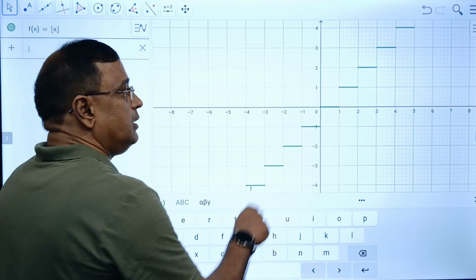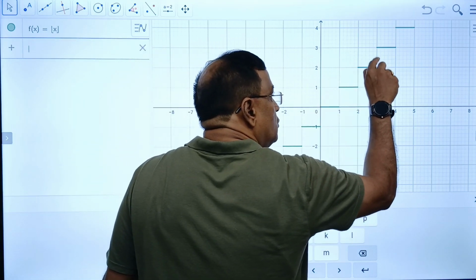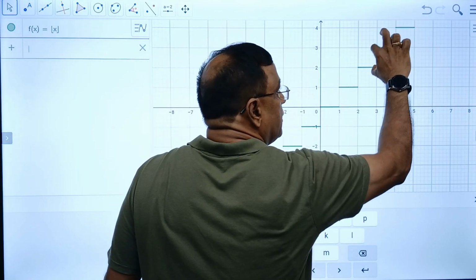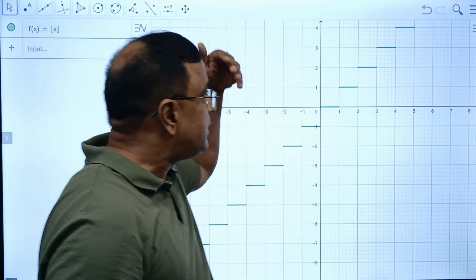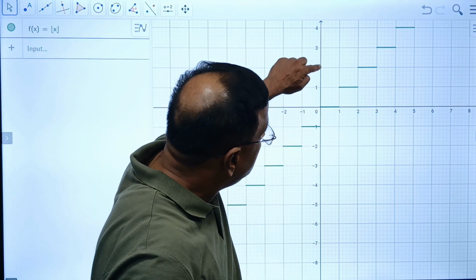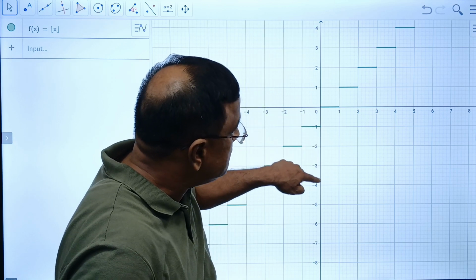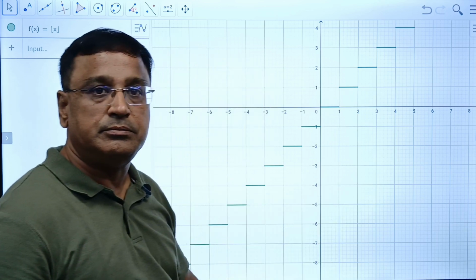If you see, the graph is drawn only at 0, 1, 2, 3, 4 and so on. And there is no graph in between. This shows that the range is only integers. Similarly, minus 1, minus 2, minus 3, minus 4 and so on. They all return integer values.